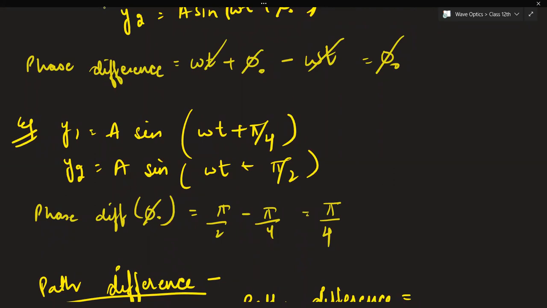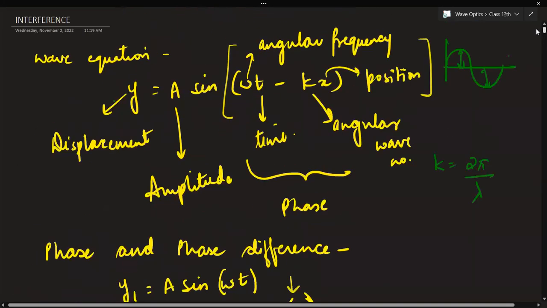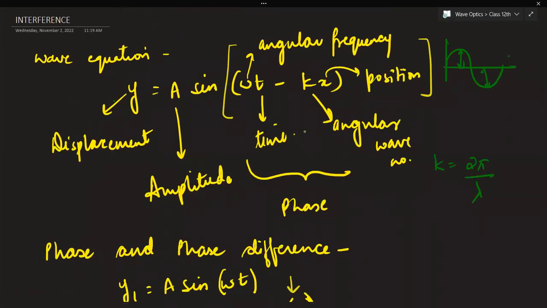One more quantity you have is known as path difference. What is meant by path difference? Phase difference tells in which phase the waves are. Let's say one is a sine wave, the upper wave, and the second wave is starting from here, so both are in different phases, having a phase difference of 90 degrees.